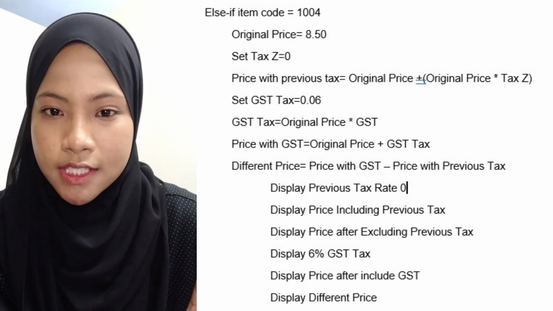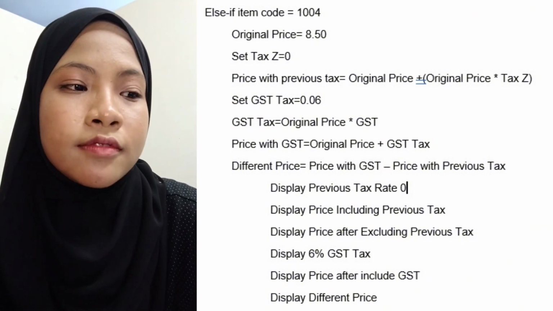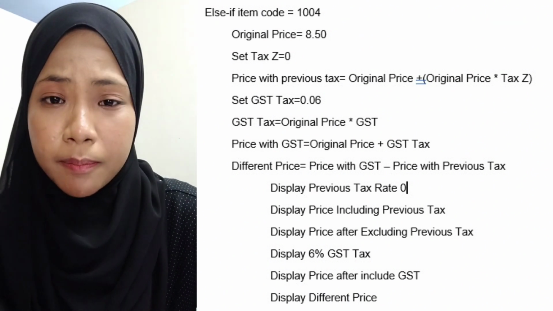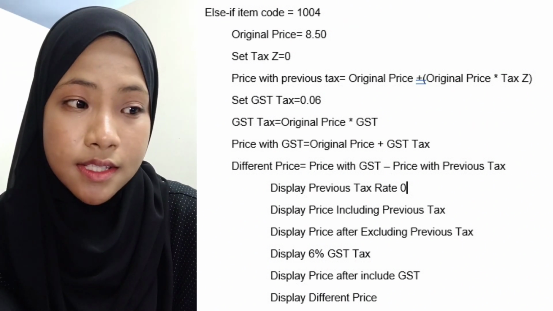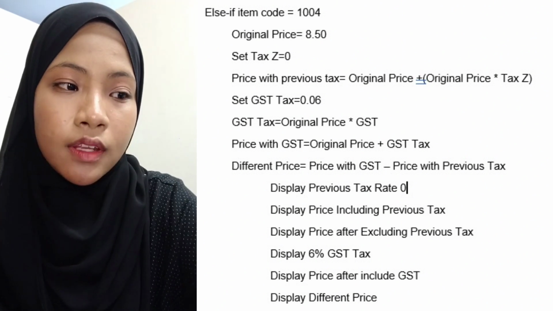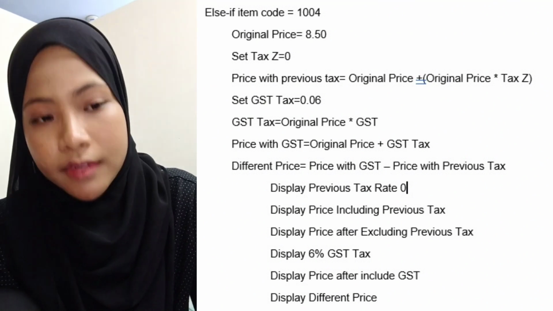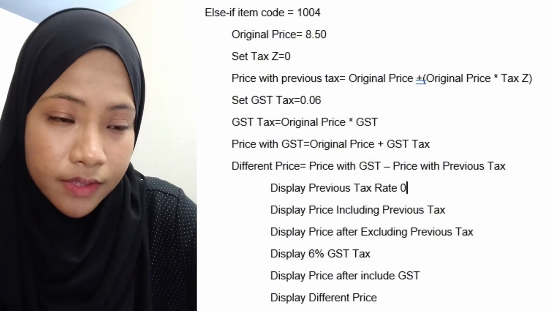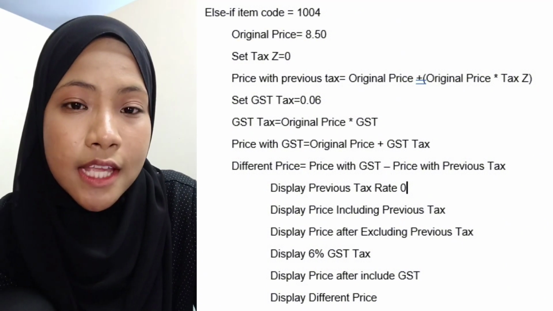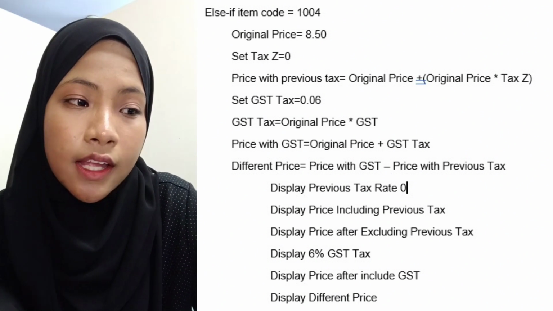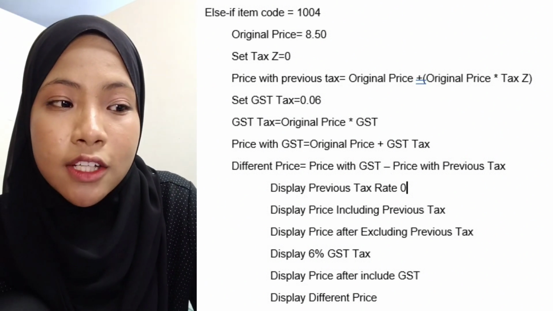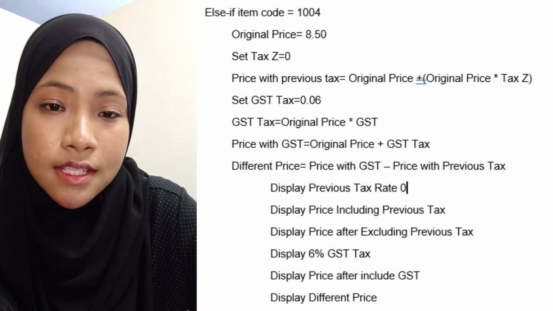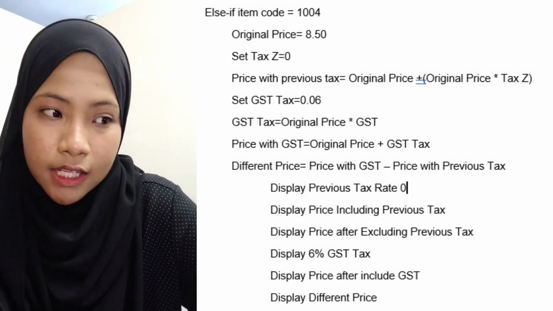And same calculation, just like above, display will become display previous tax rate 0%, display price including previous tax, display price after excluding previous tax, display 6% GST tax, display price after include GST, and display different price. Else, display value.